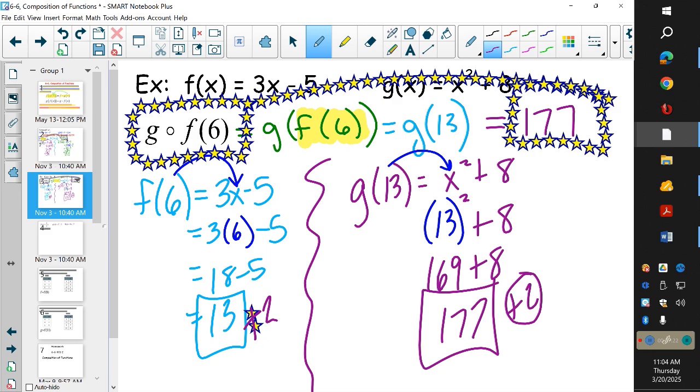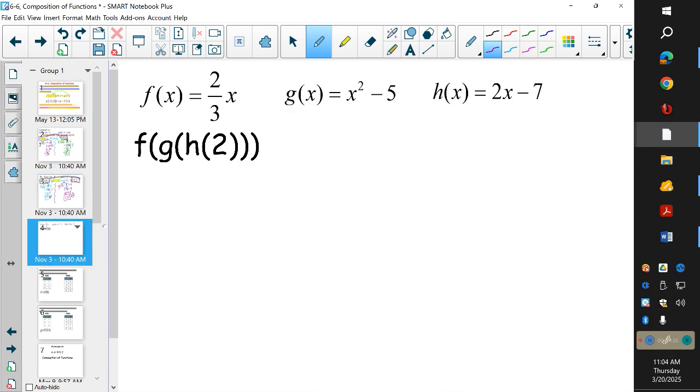And if I have a third one where I give you 3 letters, then that's another 2 points. Does that make sense? So I want to know that your calculations are right until they were wrong. You with me? So I can give you those partial points. Good question. Okay, so here's the third one. F of G of H of 2.